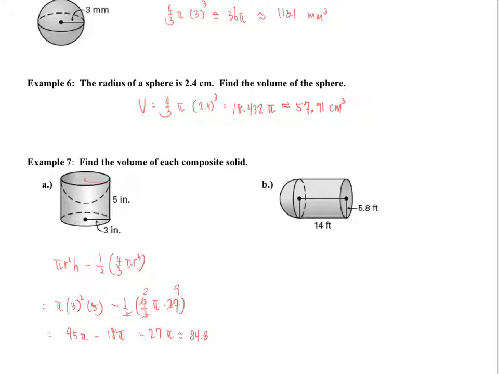And then we can round this to 84.8 cubic inches. And for part B, we will have to add the volume of the half hemisphere and the volume of the cylinder. So that's pi r squared h plus half 4/3 pi r cubed. So radius of this is 5.8, times the height, 14.